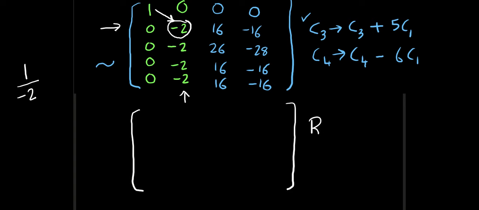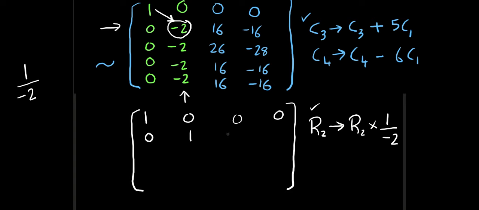Anyway, I will stick to row operation. R2 changes to R2 into 1 by minus 2. So the second row is going to change, and the first row will be 1 0 0 0, and the second row will become 1, minus 8, and the last one becomes 8, and there will be no other change.